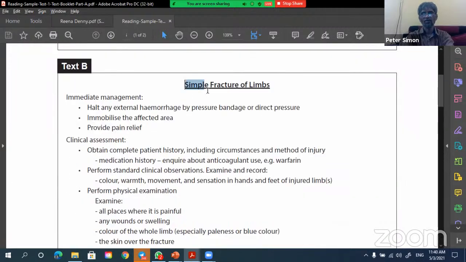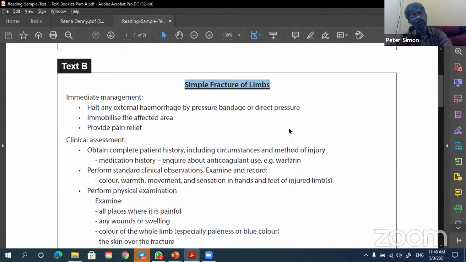So he already gave the title, Simple Fracture of Limbs. That's enough. So text B, simple fracture of limbs. He has given simple fractures of limbs only, not other parts, not stomach, not head, not body, only hands and legs. Only simple fractures.